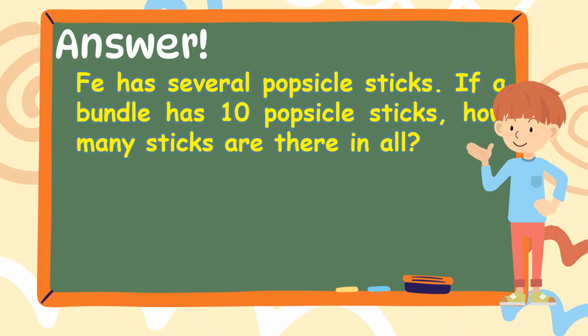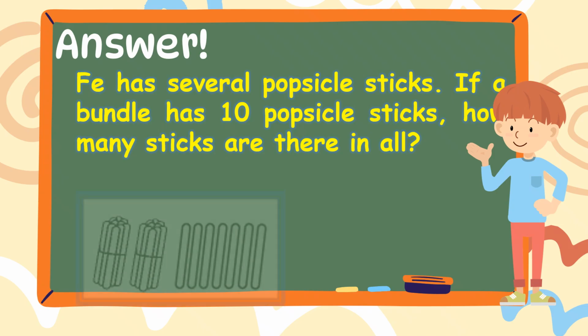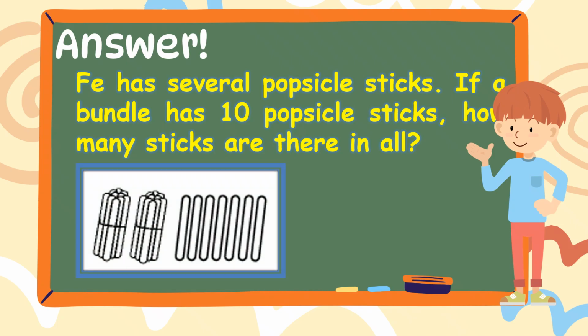Listen. Fe has several popsicle sticks. If a bundle has 10 popsicle sticks, how many sticks are there in all? I'm going to show you the illustration. Please note that we have bundles right here, and each bundle has 10 popsicle sticks in it.